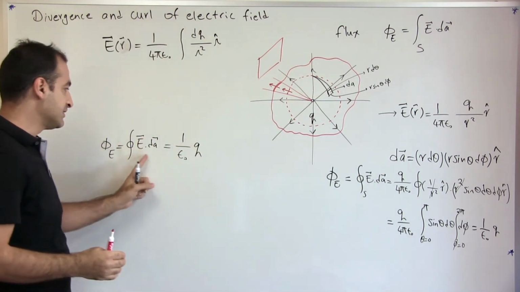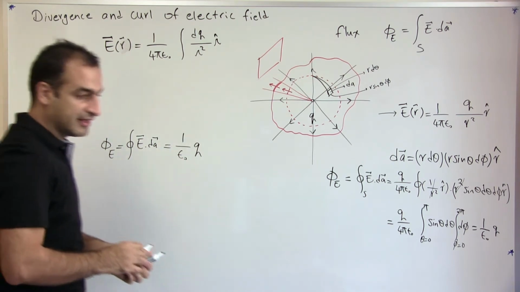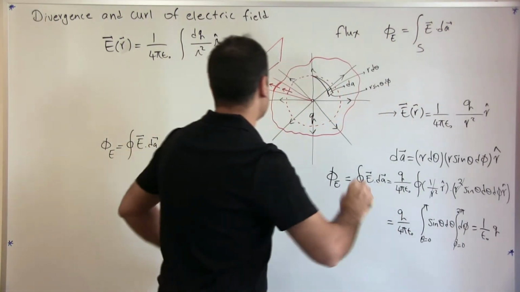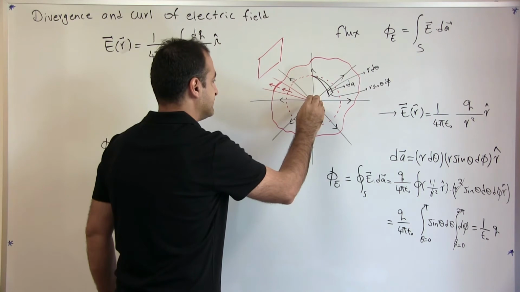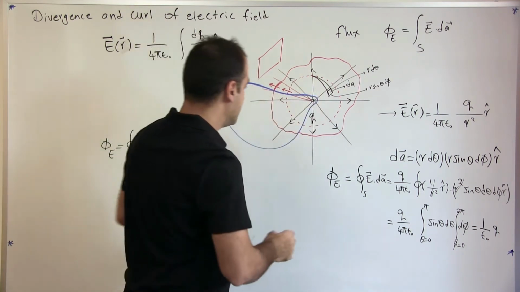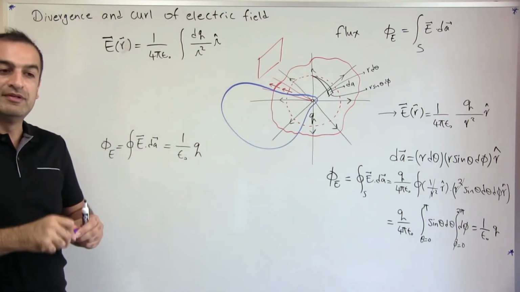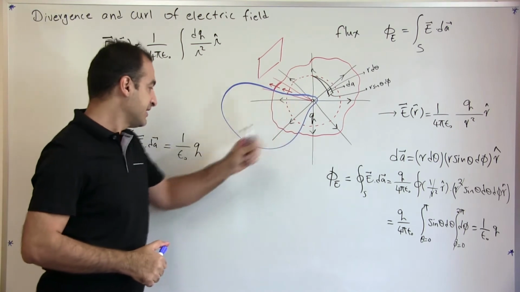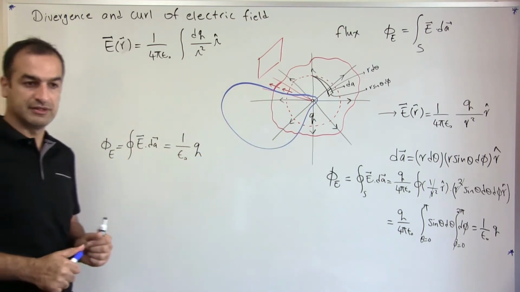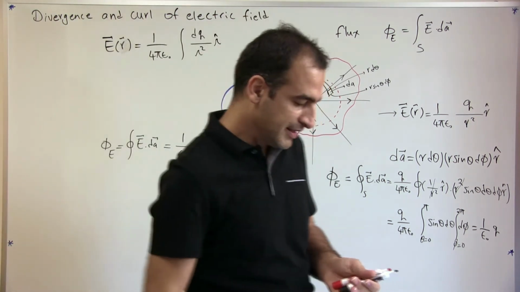We will have this integral equal to 1 over epsilon 0 q. Technically I can, let me use my blue marker, choose a surface like this, which is not like a sphere at all. Even on this blue surface, if I integrate the flux of the electric field, I'm going to calculate 1 over epsilon 0 times q. And that is interesting, right?